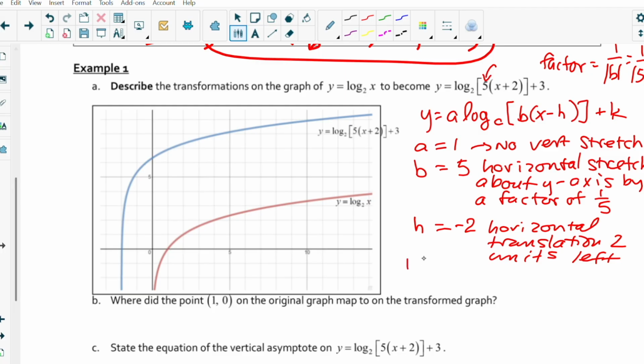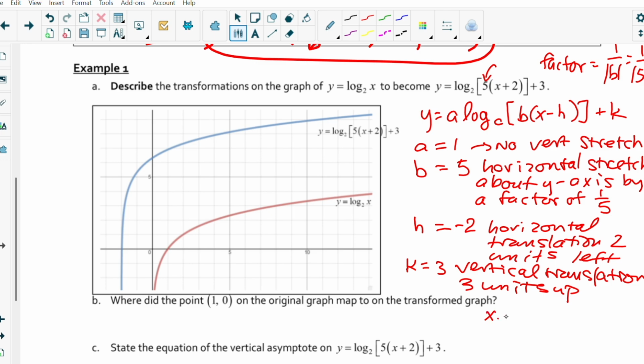K equals, well, it says plus 3. Easy peasy, so k equals 3. That is a vertical translation, 3 units. It's positive, so it's up.